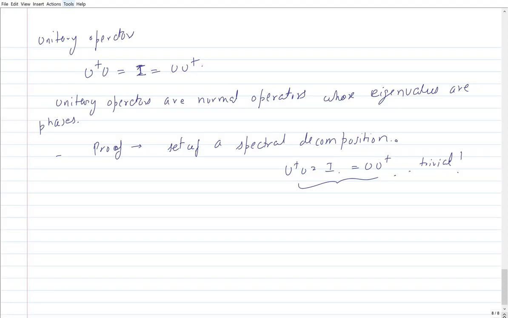One advice is to try to answer these questions or prove these statements using our bracket formalism.